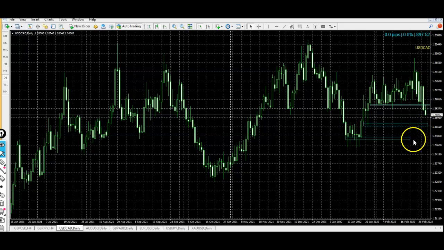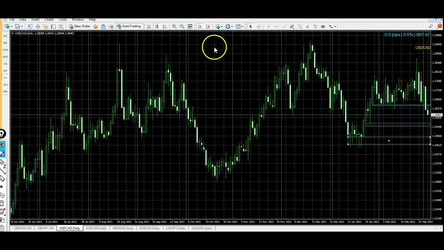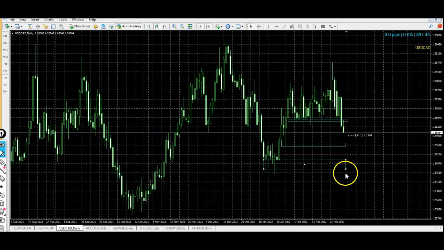We have some demand there as well. The 1.248 zone. So we're looking for price to come to this level for it to move up and then possibly come back down.